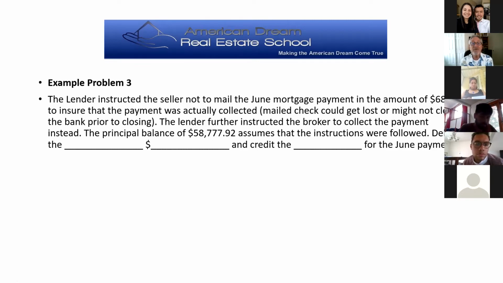The lender further instructed the broker to collect the payment instead. So the principal balance of $58,777.92 assumes that the instructions were followed. Who's getting debited? Who's getting credited for what amount?